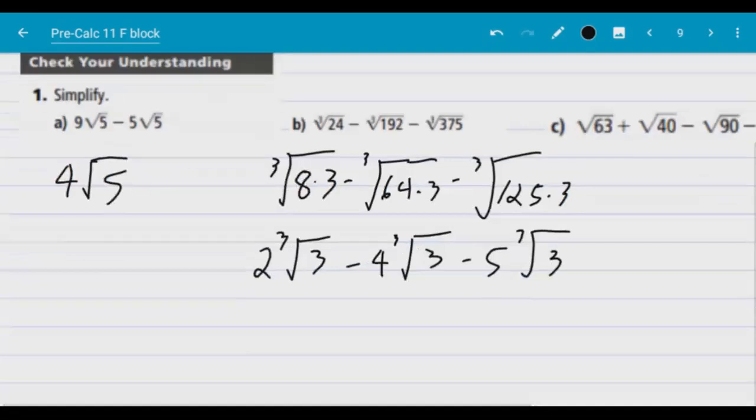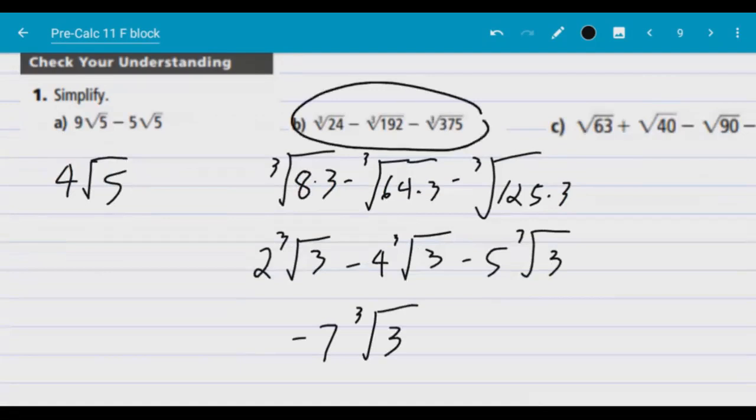So that would be 2 minus 4 minus 5. That would be negative 7 cube root of 3. So the trick here, as you can see, was to rewrite all three radicals into mixed radicals and hope that we will have like terms in the end, which means that we would have the same root of something.